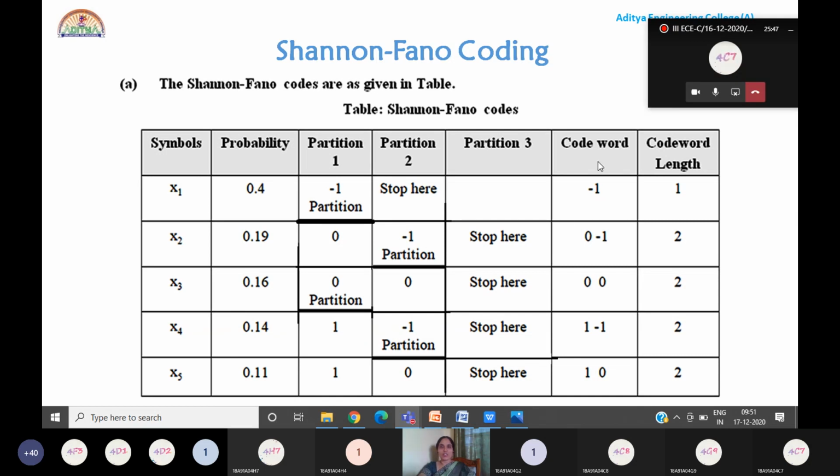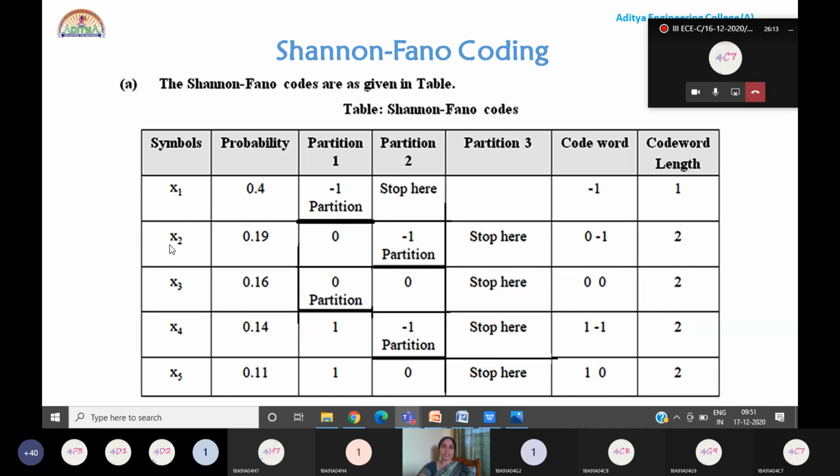Okay, next coming to the representation of the code word. I already told you, in order to represent the code word for a particular symbol, follow its path in the horizontal direction. If you observe the x1 symbol, its code word consists of only one bit, that is -1. So directly I represented it here.